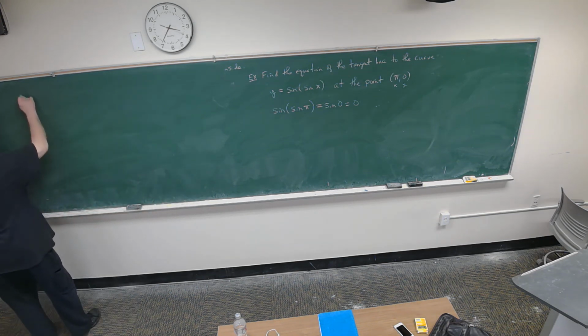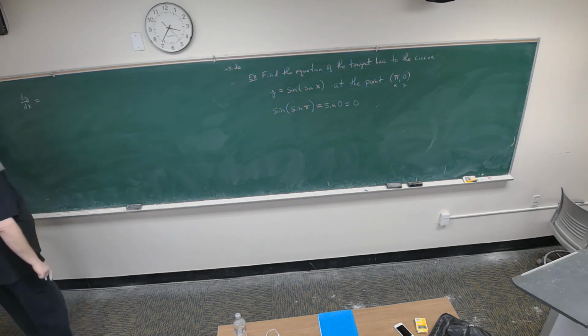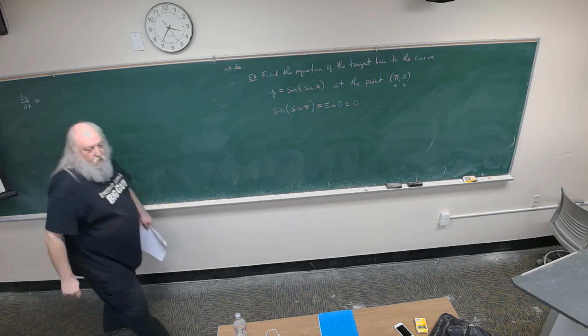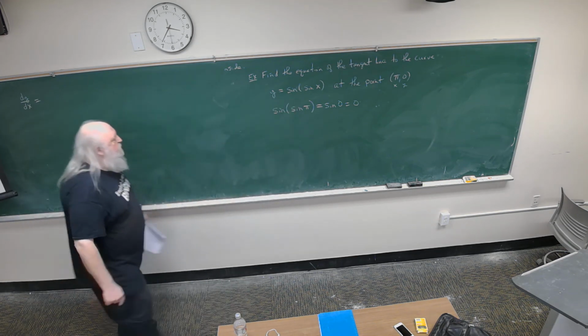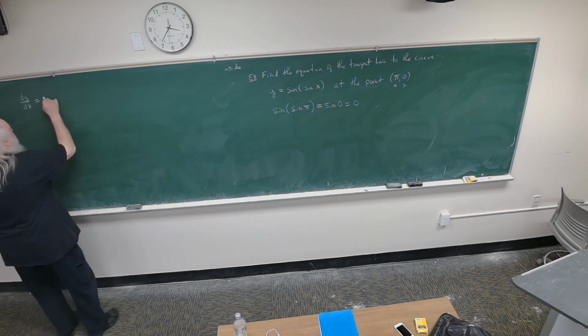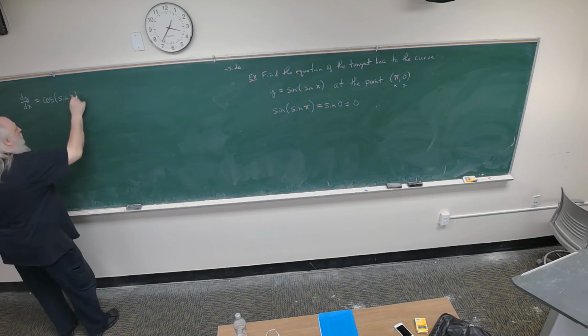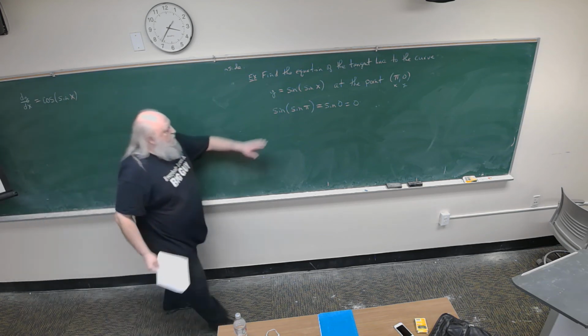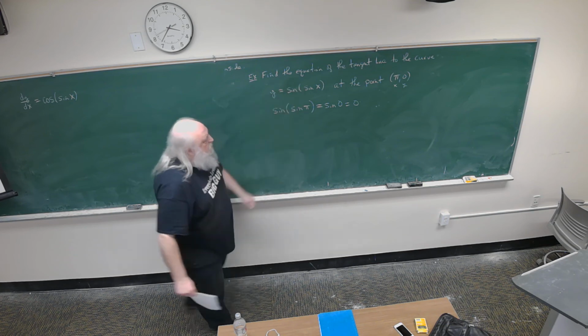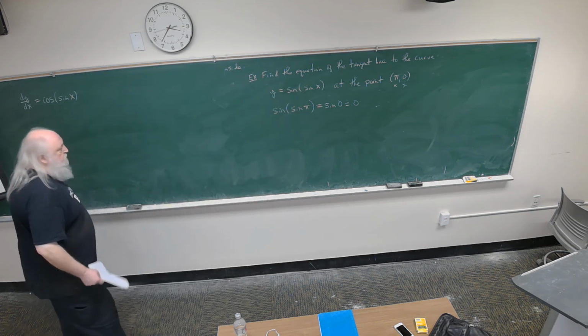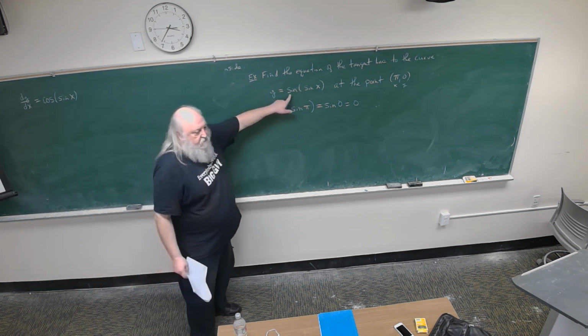So the derivative of y with respect to x, remember you start from the outside and work in. The derivative of sine is cosine. So we have the cosine of the sine of x. Remember, this sine of x in parentheses is the inner function, and this sine is the outer function.